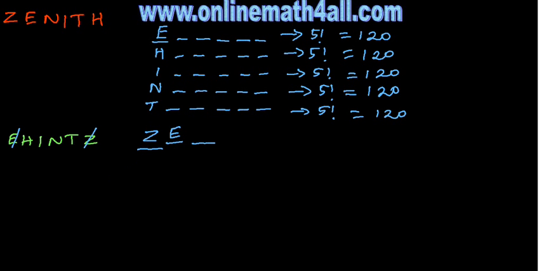The third place is to be filled with one of the remaining 4 letters in alphabetical order. In the remaining 4 letters H, I, N, T, H comes first in alphabetical order, so I fill the third place with H, and we have to fill the remaining 3 places.